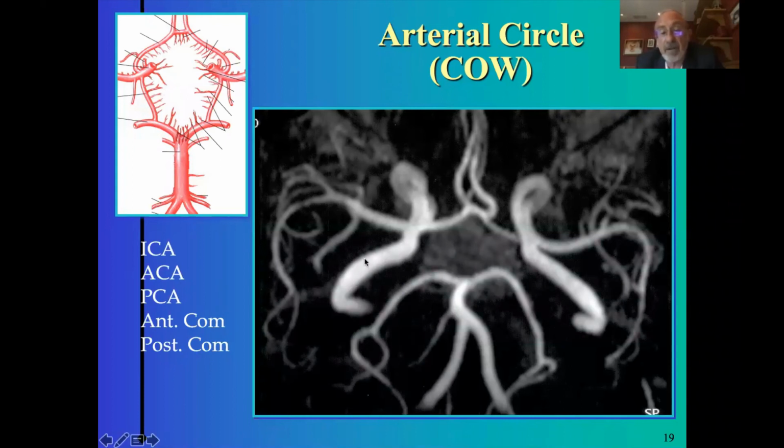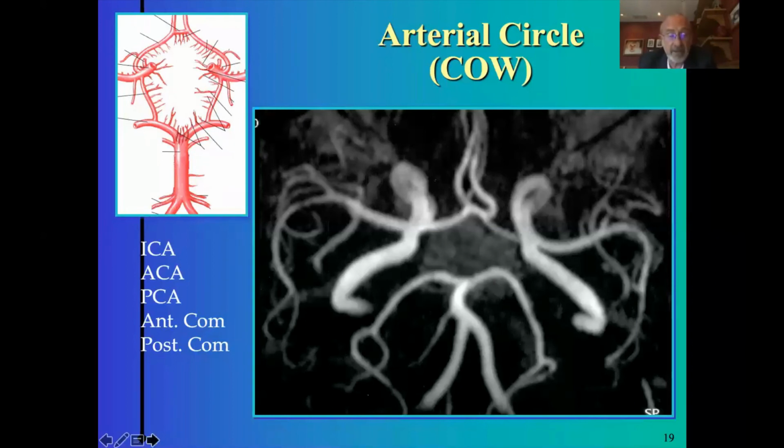Up here, we see the internal carotid arteries coming up, forming the anterior cerebral arteries and the singular anterior communicating artery. What's missing on this one image is the posterior communicating arteries.